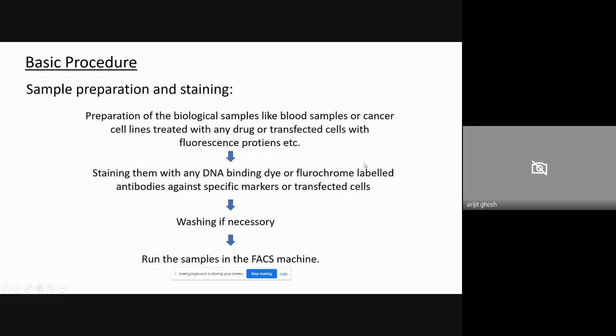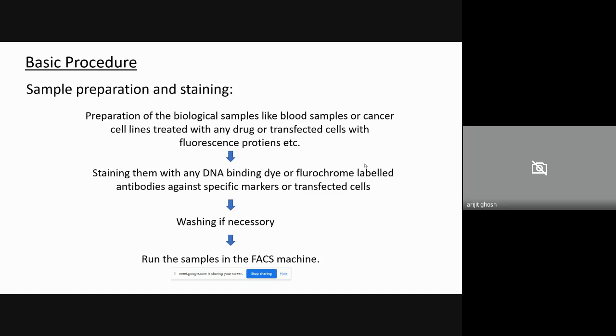Now, what is the basic procedure of a flow cytometry experiment? So first comes the sample preparation and staining of the samples. At first, the biological samples, it may be blood samples, or it may be cancer cell lines treated with any drug, or it may be cells transfected with fluorescent proteins.